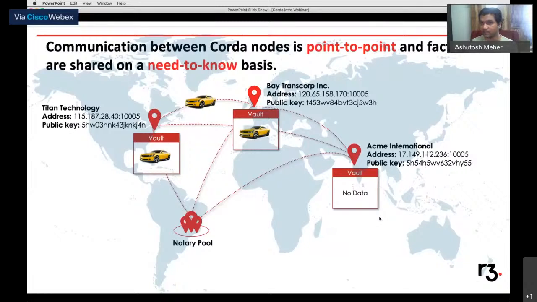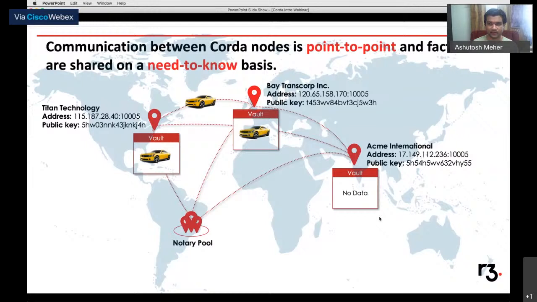While Acme, being in the network, will not know anything about this transaction. Neither would he know that such a vehicle even existed in the network. That's because he's not part of the transaction, and all the data is point to point. So with two people transacting, only two people will have that data. That's how the entire privacy model of Corda works.